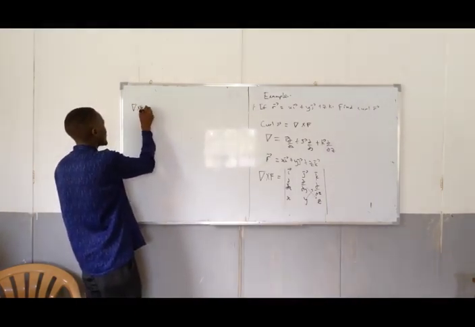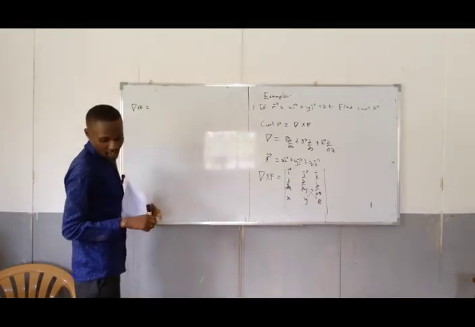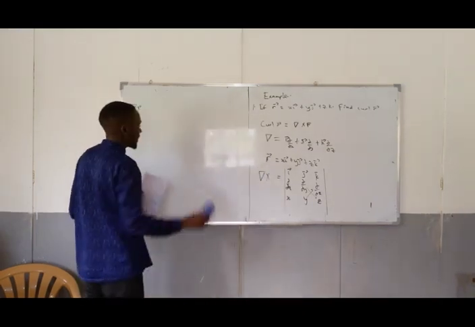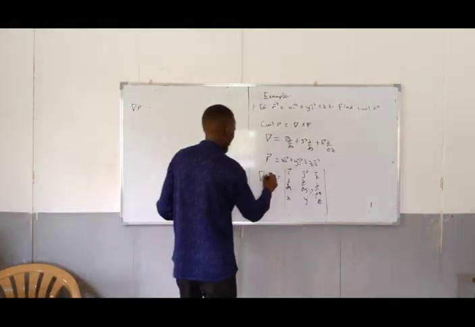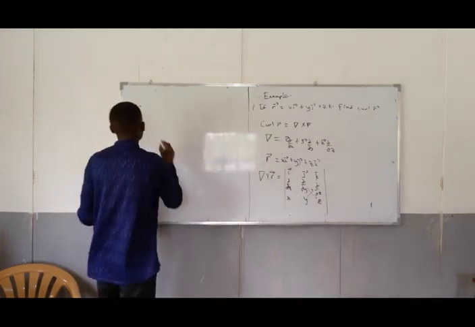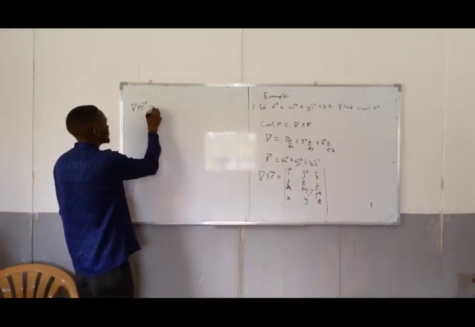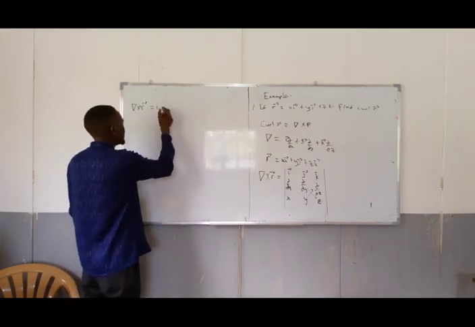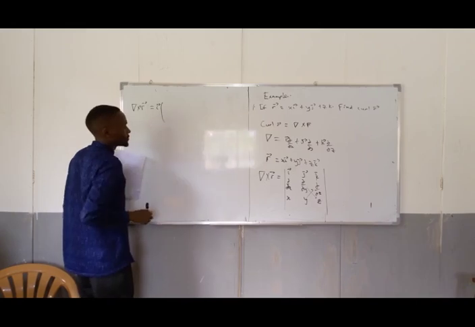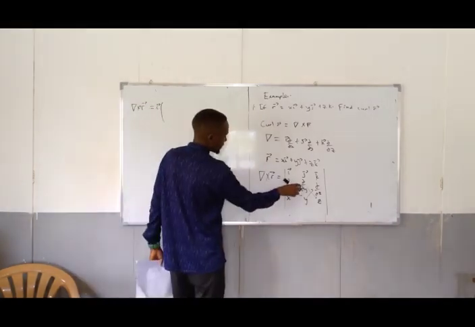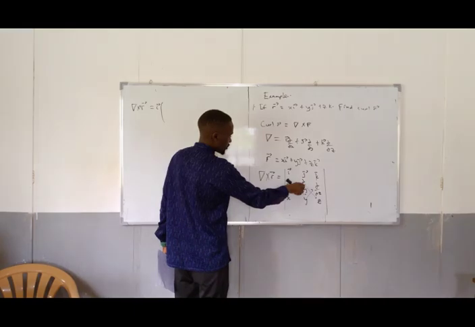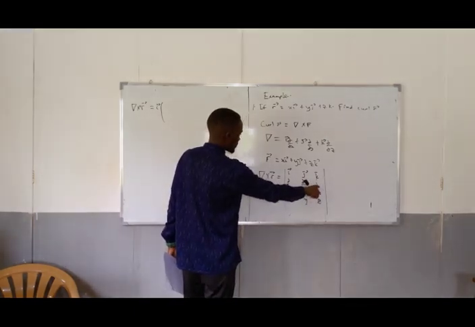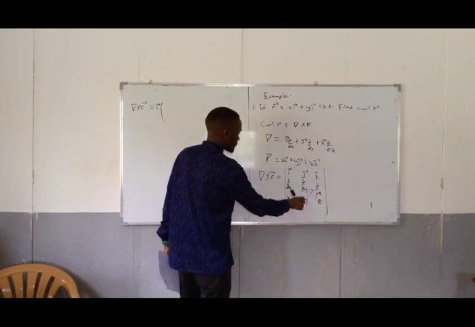So there we shall be having our del cross F, as it is del cross R now. Del cross R is i, then we multiply the partial derivative with respect to y times z, then minus the partial derivative with respect to z times y.